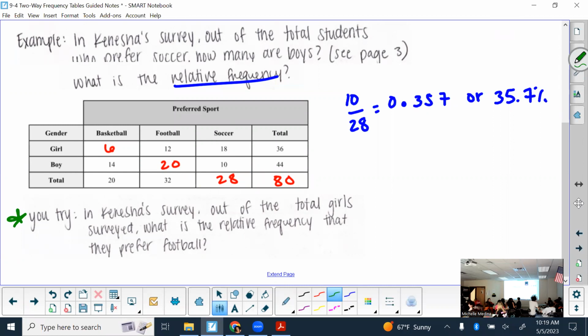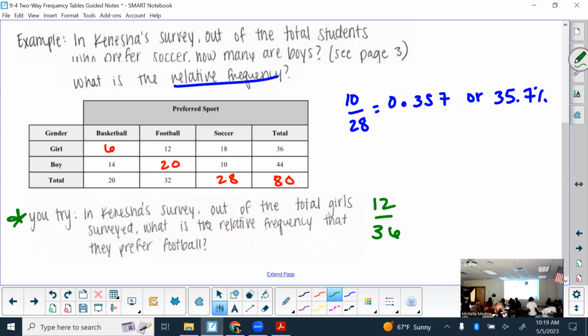Like 36. 36. Would that be my numerator or denominator? All right. And then table 1. How many of those girls prefer football? All right. Anyone disagree with how it's set up?